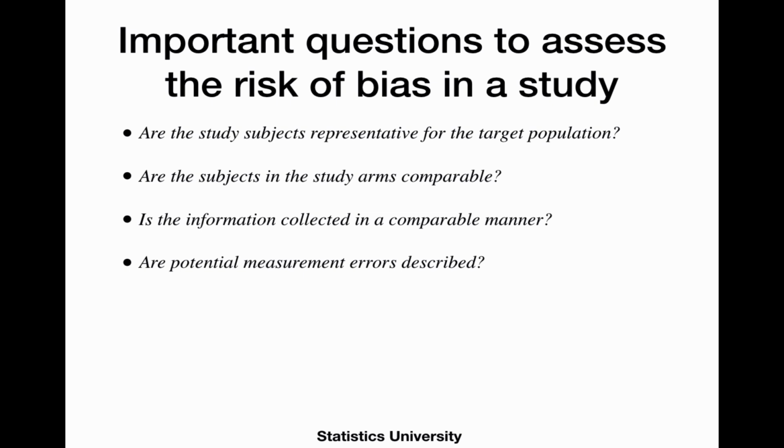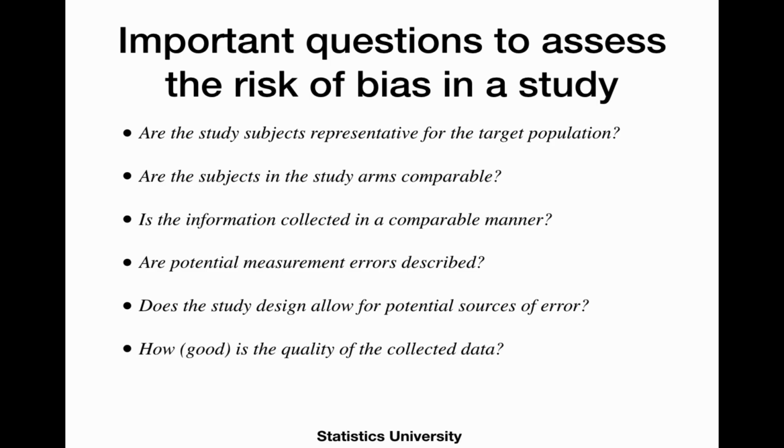Are potential measurement errors described? Does the study design allow for potential sources of error? How good is the quality of the collected data? And are correction procedures used? And if yes, which ones?